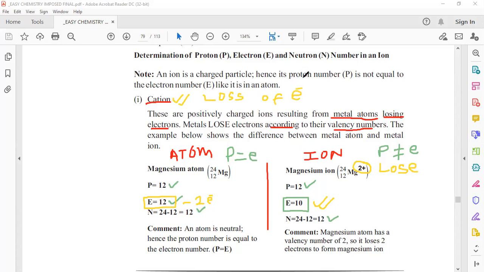Let's look at another example. I mentioned potassium, it was on my mind. We have potassium-39 with proton number 19, and potassium ion. For the potassium ion, we still have 39 as the mass, and we have 19 as the proton number, but we have a positive charge here.